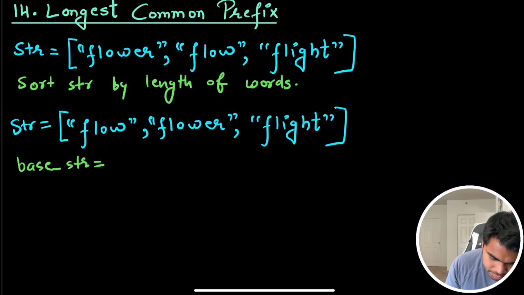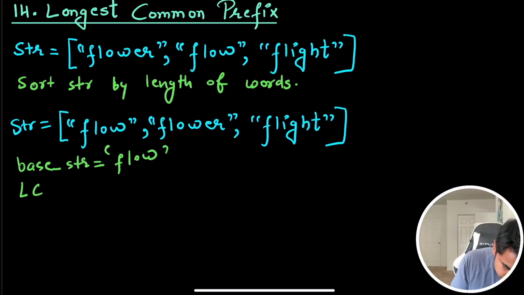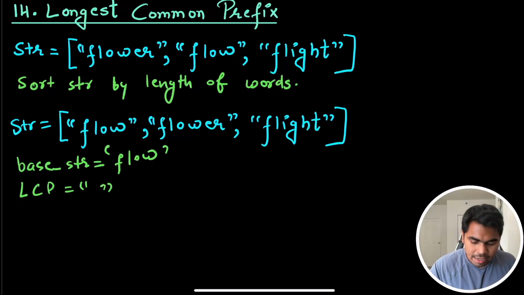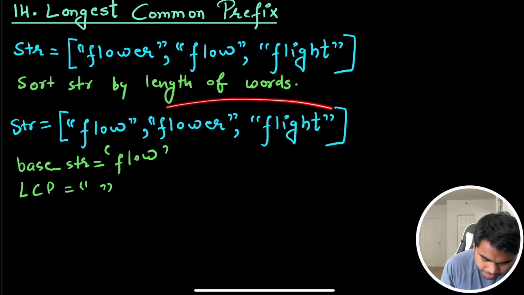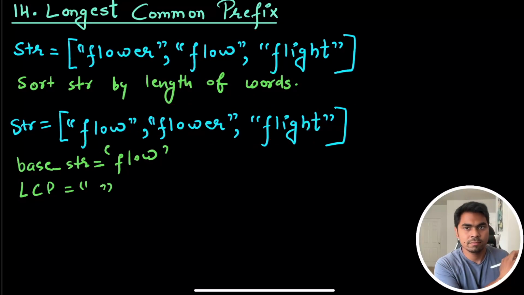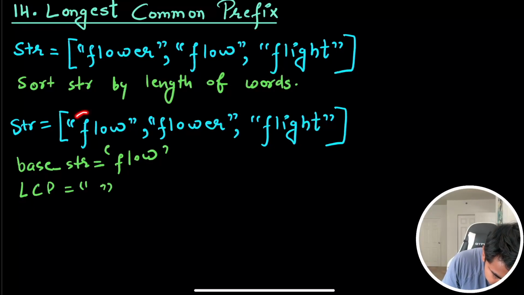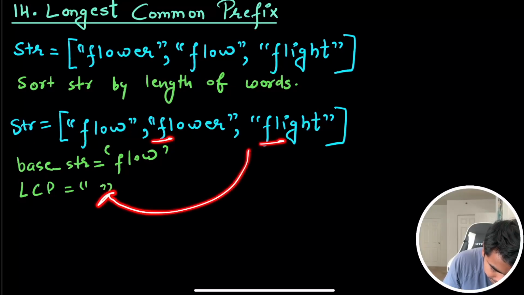Now that I have the smallest word as my base string, I will have a variable called longest common prefix, LCP, initially empty. Then I will iterate over the characters of my base string and try to find those in my remaining words. If I keep finding that particular character in all the words, just like I will first iterate over F. If F is present in all the words, then I will append that to my LCP.